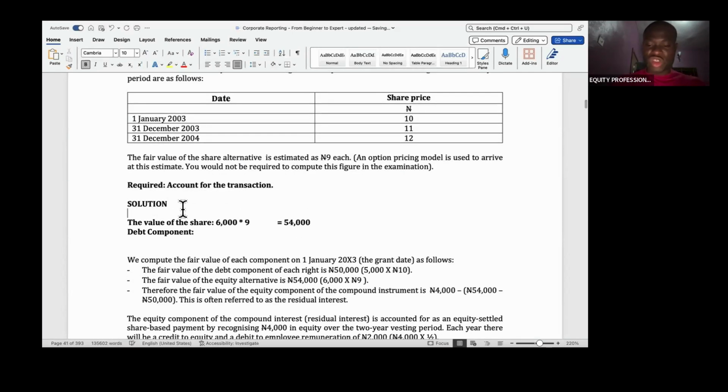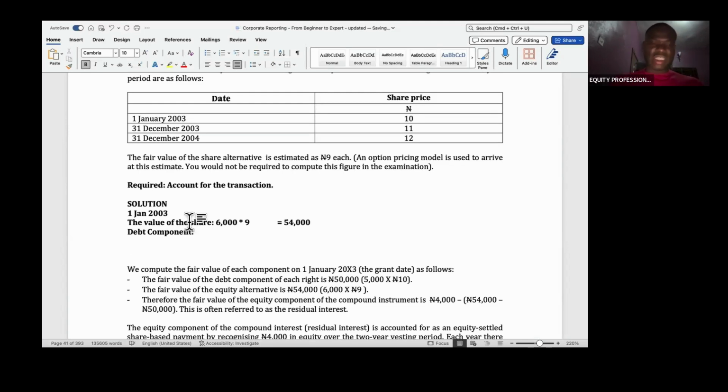And don't forget, we are doing this split at the grant date, the beginning of 2003. So the debt component is 5,000 shares multiplied by the value at 2003, which is ₦10.